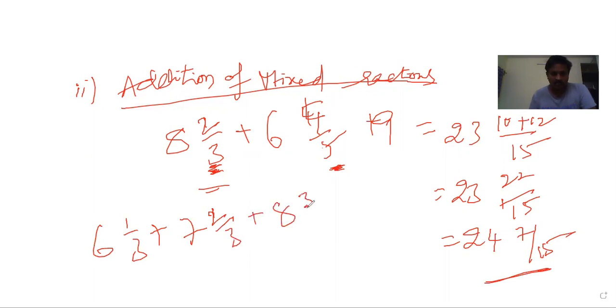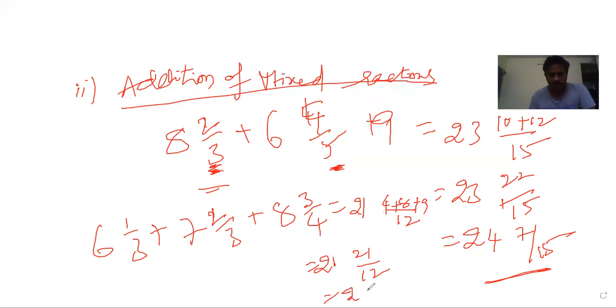6 plus 7, 13, 13 plus 8, 21. So here the LCM of 3 and 4 is 12. 3 divides 12, 4 times, 4 into 1, 4. 3 divides 12, 4 times, 4 into 2, 8. 4 divides 12, 3 times, 3 into 3, 9. 4 plus 8, 12, 12 plus 9, 21 by 12. 12 divides 21 one time. 1 add here, 21 plus 1, 22.